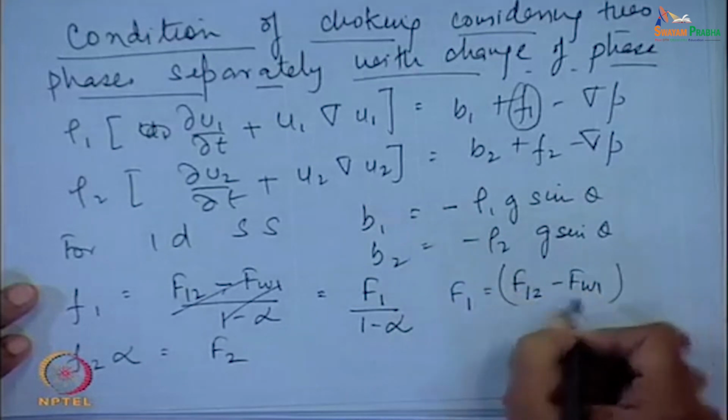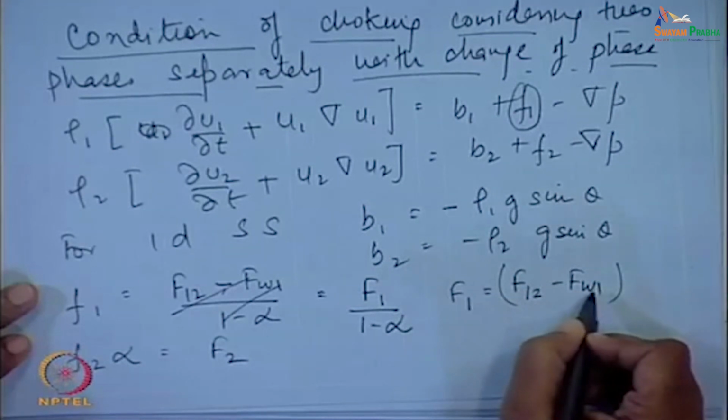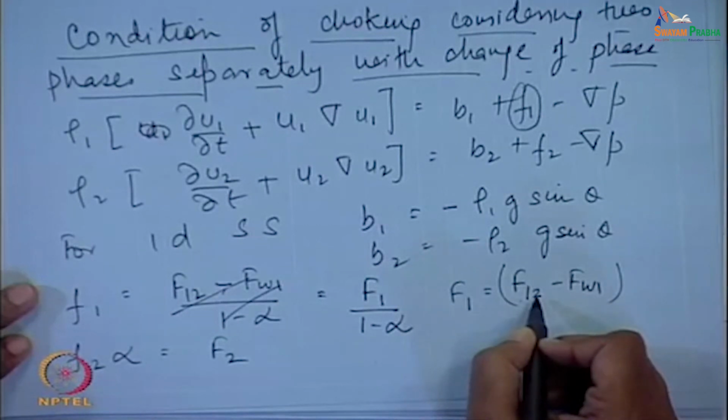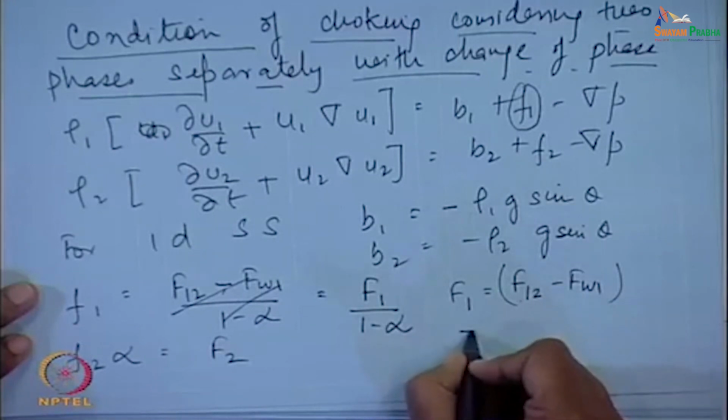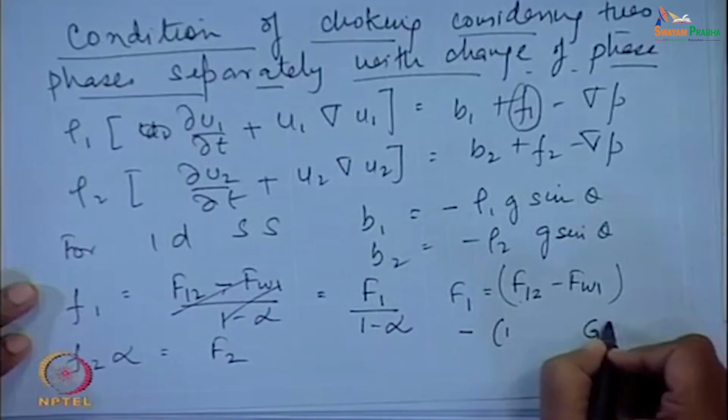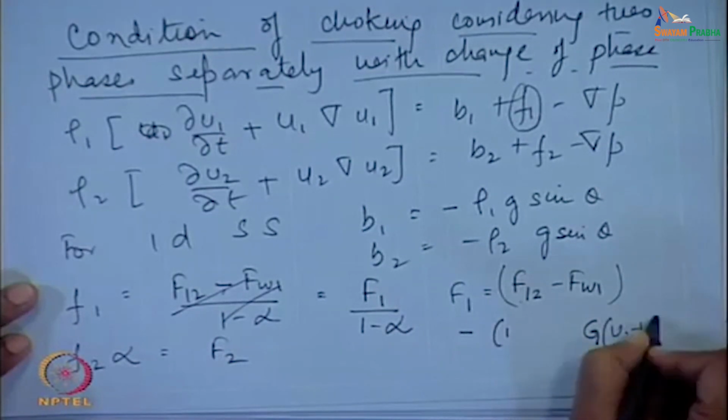If you remember the interaction between the wall and fluid 1, interaction between fluid 1 and fluid 2, and when there was a change of phase, what extra did we have? For change of phase, we had the total force G dx dz into u2 minus u1.